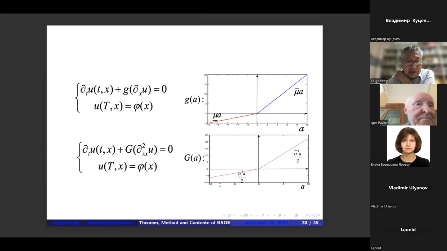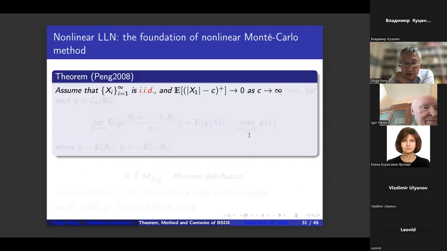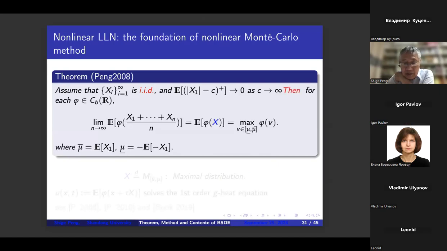This is the law of large numbers, which tells us that the classical case is just the case where mu lower bar equals mu upper bar.